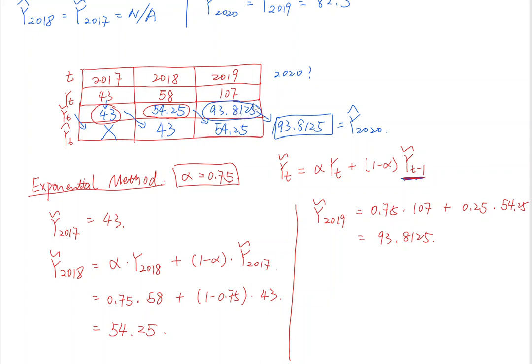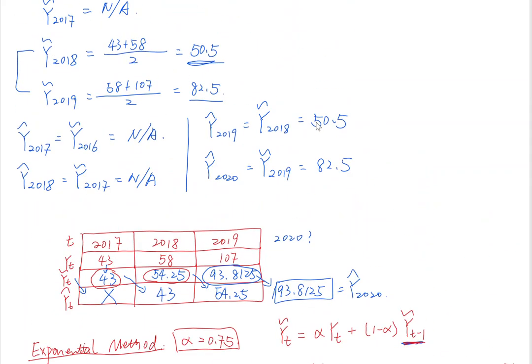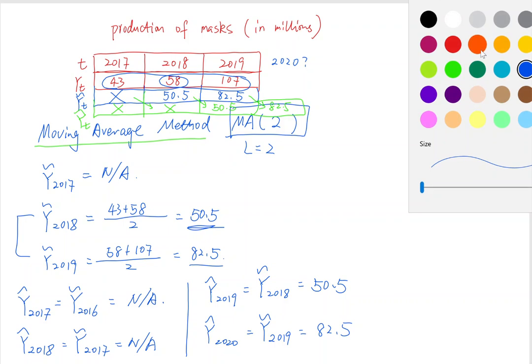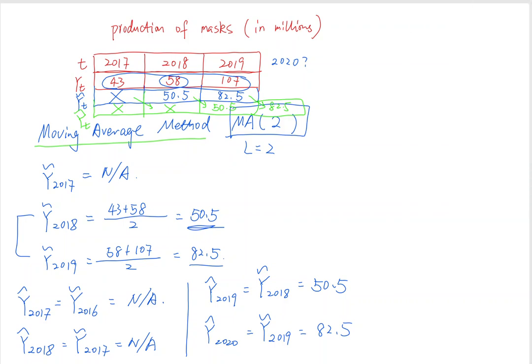All right, so we use this example to calculate the predicted value, based on these two methods. All right, then I want to talk about how we can calculate the MAPE for each case.